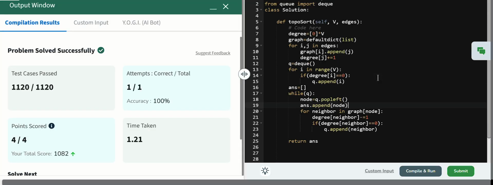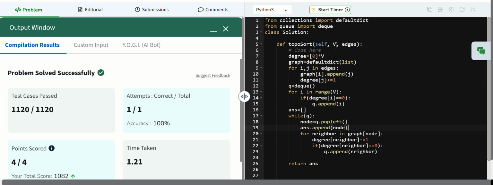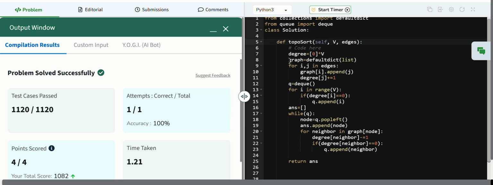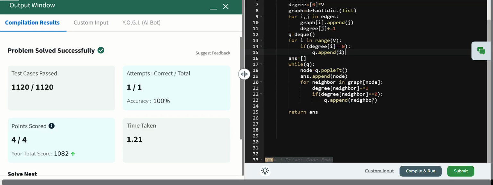The time complexity will be big O of V plus E, and for the space complexity, we are using this graph and this degree array, so it will take big O of n. Thank you.